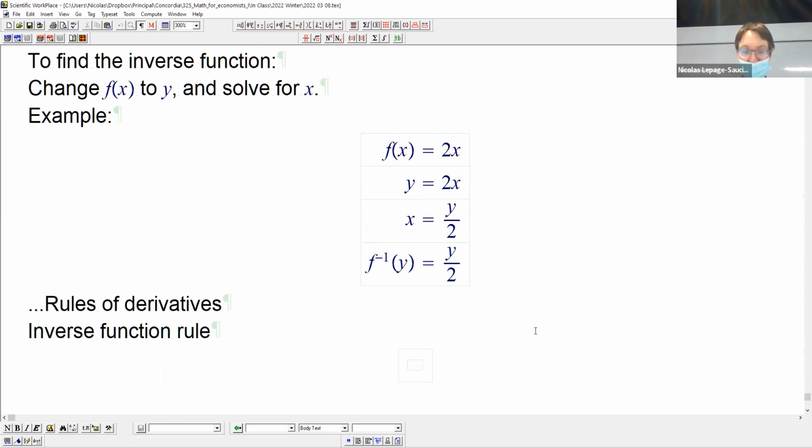If I have dx/dy, it is equal to 1 over dy/dx.